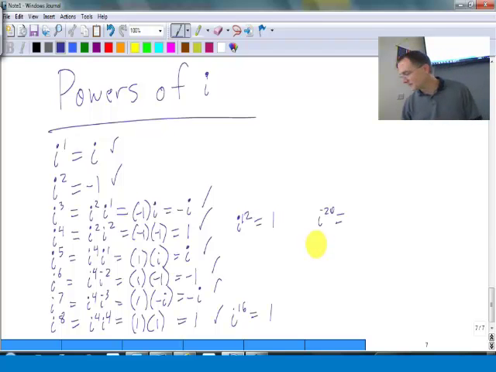You think that's 1? What do you suppose i to the 60th power is? Still 1. No, I'm just kidding. I just want to establish the fact that if you take i and you raise it to any power that's divisible by 4, you get 1.